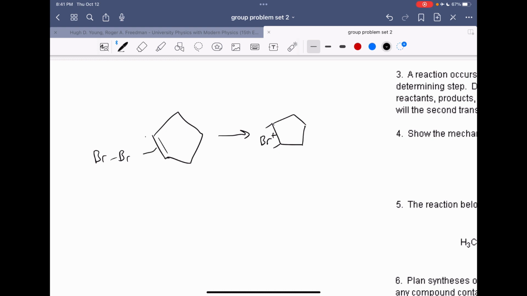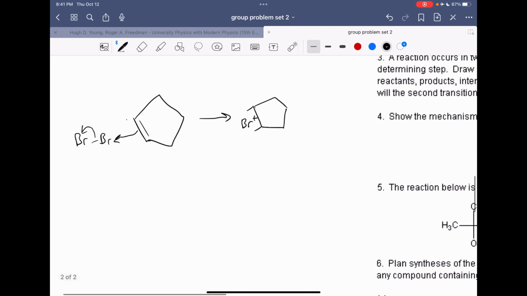So this double bond is going to attack this bromine, and the electrons in this bond will go to this bromine to make it a negative one. This is where you form this bromonium ion, because the bonds don't know which one to attach to. That's also very unstable, it's kind of like an intermediate.